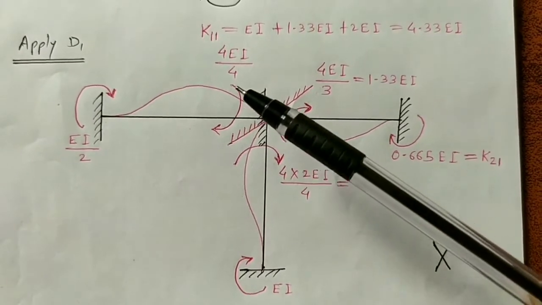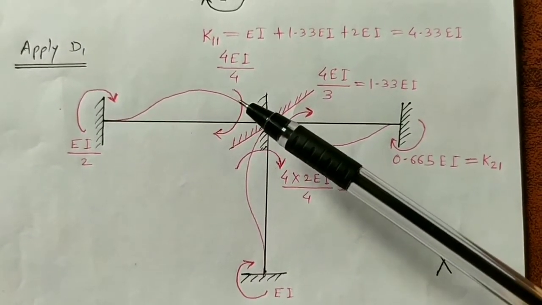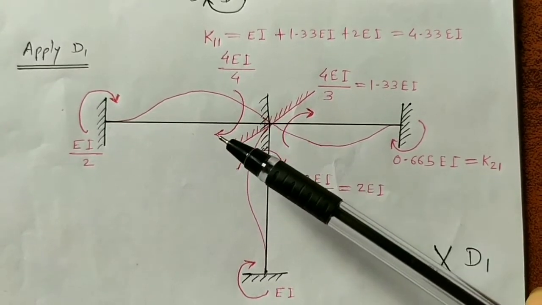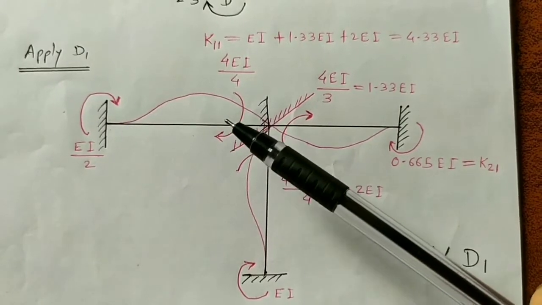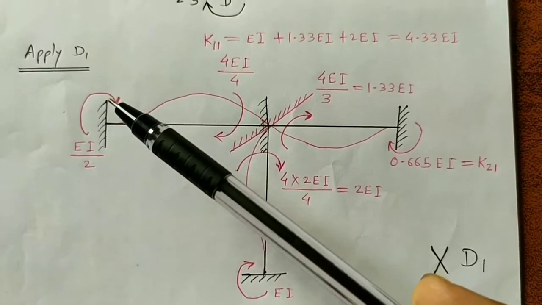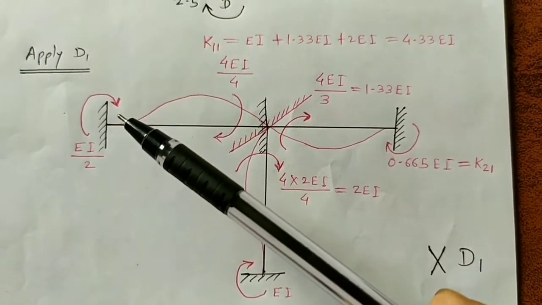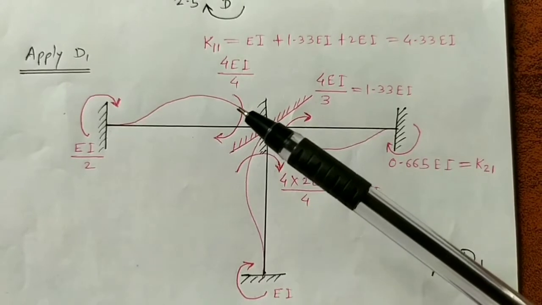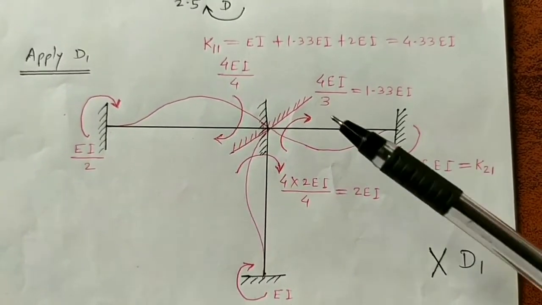Now come to the magnitude of the moment. To get theta equals 1, I have to apply a moment of magnitude 4EI upon L. And to the next joint, half of this moment is getting transferred with the same sign. This is going clockwise, this is also clockwise. Of course, we have applied a clockwise moment at D1, that's why all these moments will be clockwise.